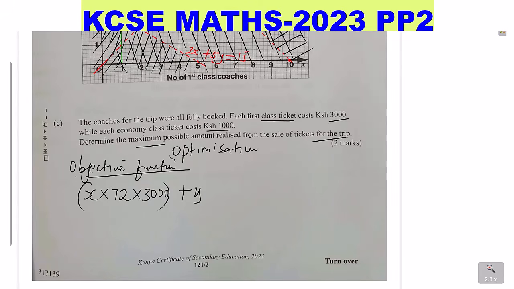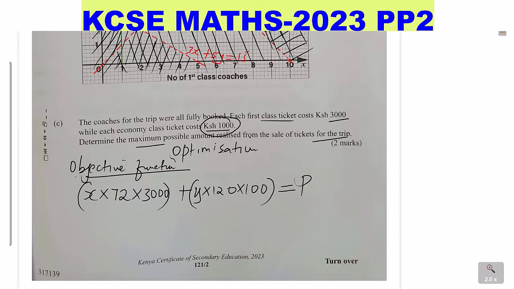Each coach carries 120 passengers. Each passenger pays 1,000. Now that represents the total amount realized for all the coaches, first class and economy. This is what we call the objective function. This represents P, the profit, or the amount realized for the sale of the tickets.